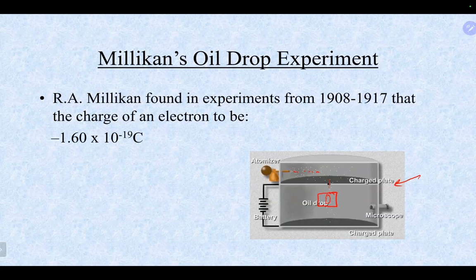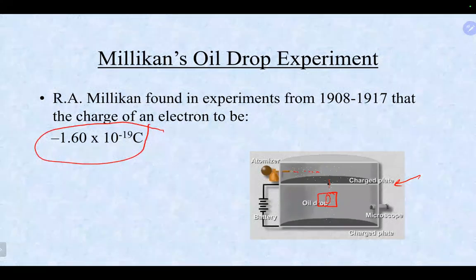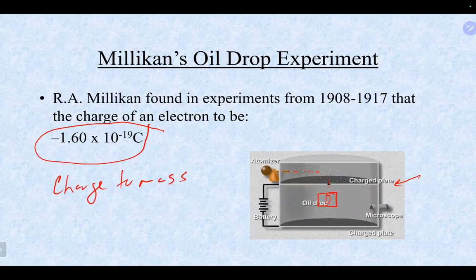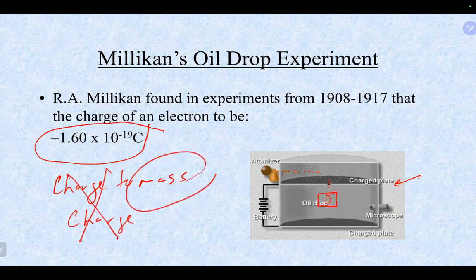The main result he was able to determine was the charge on an electron. So Millikan, doing this oil drop experiment, determined the charge of an electron. Taking that with what Thomson figured out, which was the charge to mass of an electron, the mass of an electron could be determined.